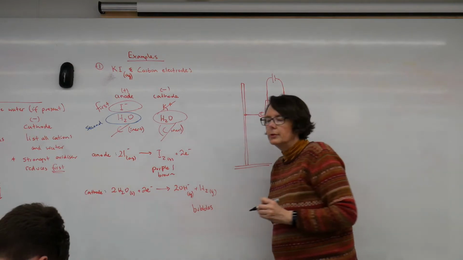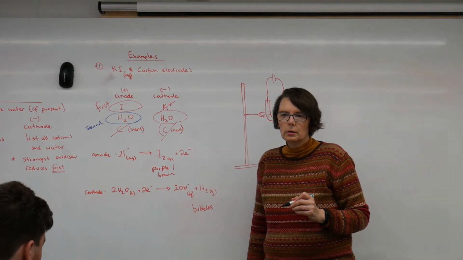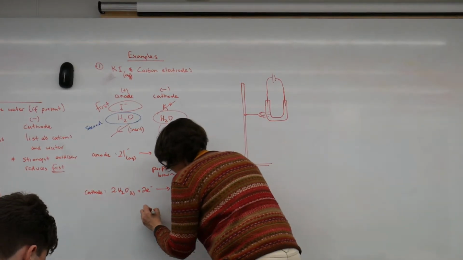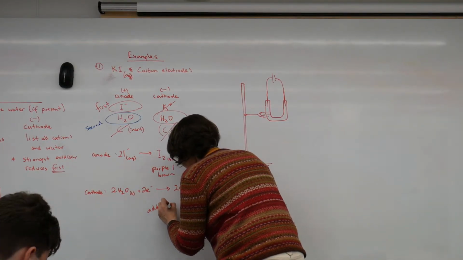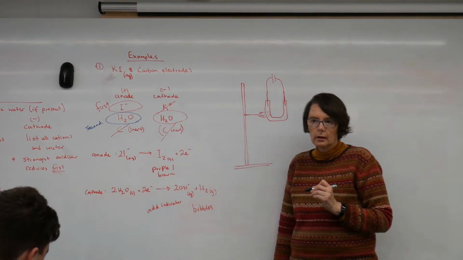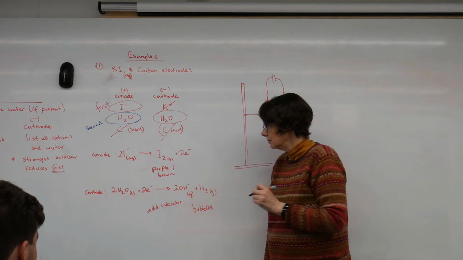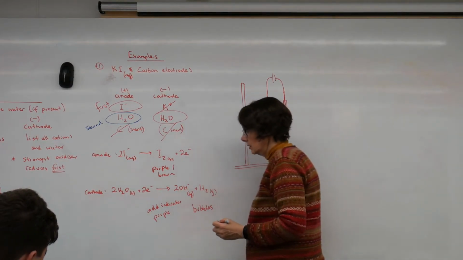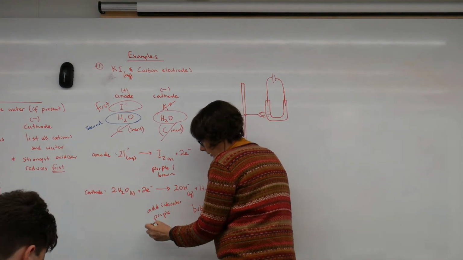What else could we potentially do? We could add indicator. And what would we see? Red? Oh, purple, yeah, sorry, if this is universal indicator.